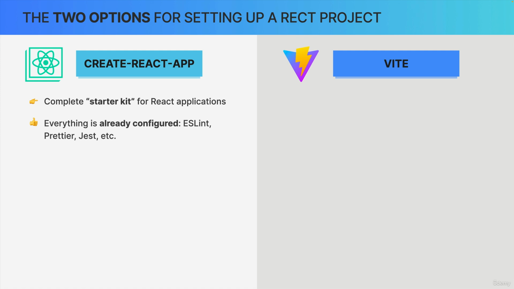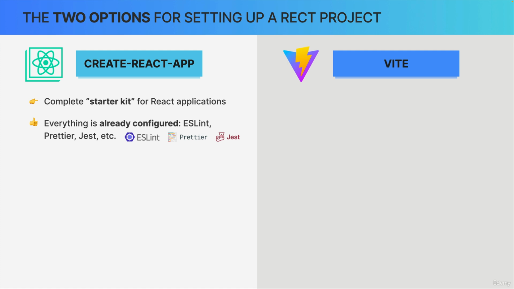So an app created with Create React App automatically comes with a development server, Webpack for module bundling, and of course important developer tools which include a linter like ESLint, a code formatter like Prettier, a testing library like Jest, and of course Babel for enabling the latest JavaScript features.